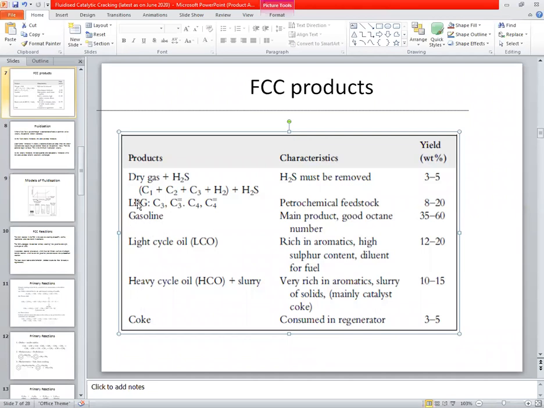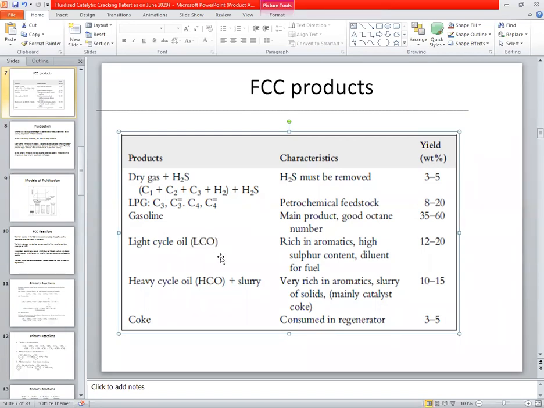So from FCC, mainly we are getting gasoline, with yield percentage up to 60%. In addition to that, we can also produce LPG at around 20%, and some other products like light cycle oil or heavy cycle oil, LCO or HCO.